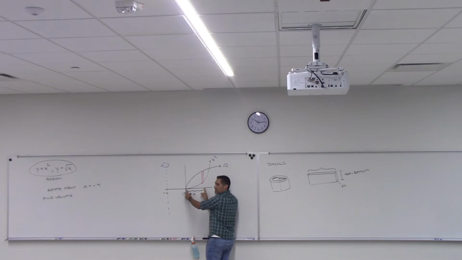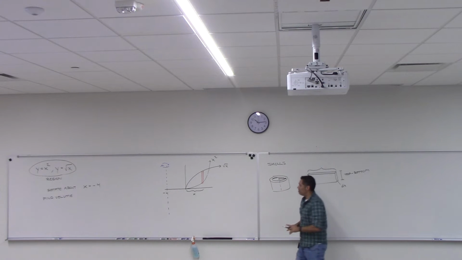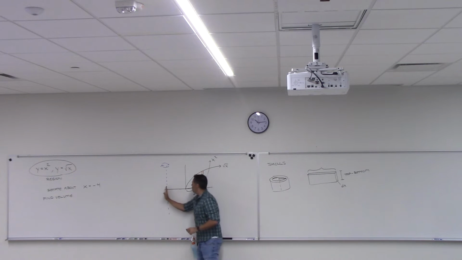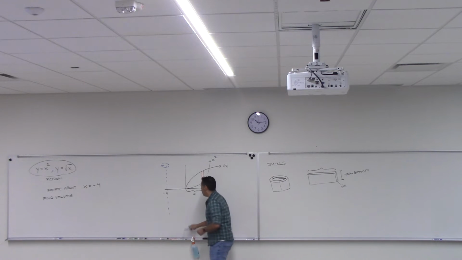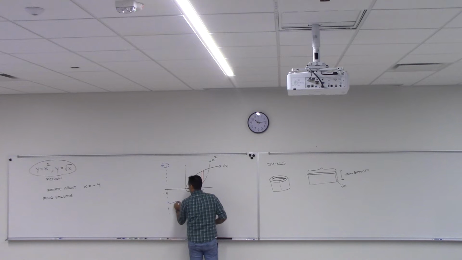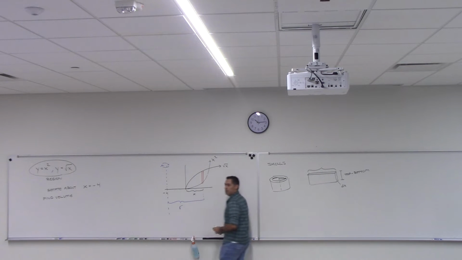But for here, that's not our radius, is it? Our radius is actually from the axis of rotation all the way out to the end of the shell. I'm going to call this distance from here all the way here r.